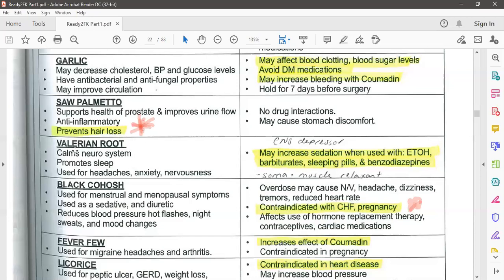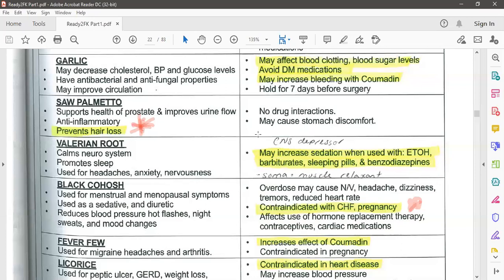Another herbal medication we use, Valerian root. Valerian root calms the nervous system or promotes sleep. So in case of insomnia, we can use the Valerian root, right? Overdose may cause nausea, vomiting.